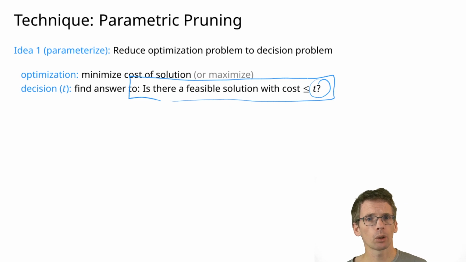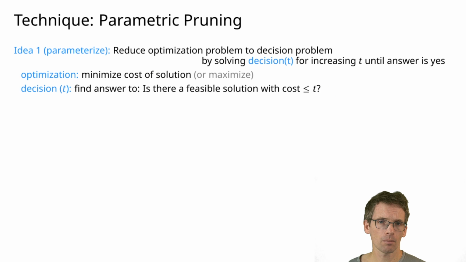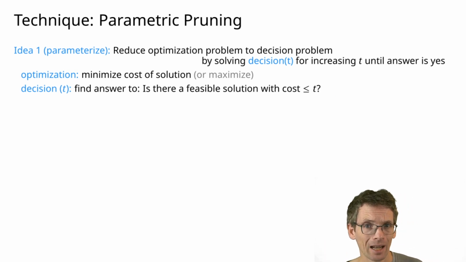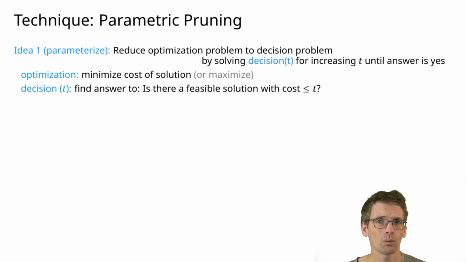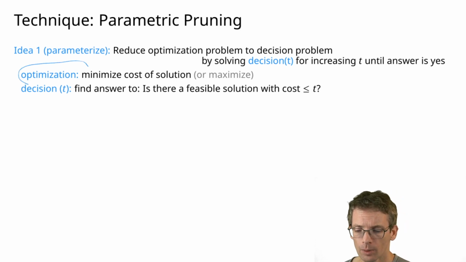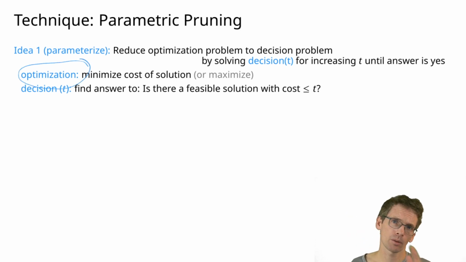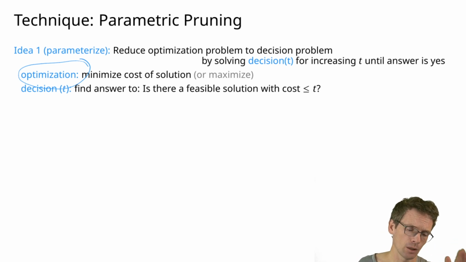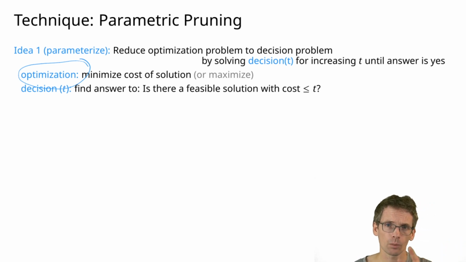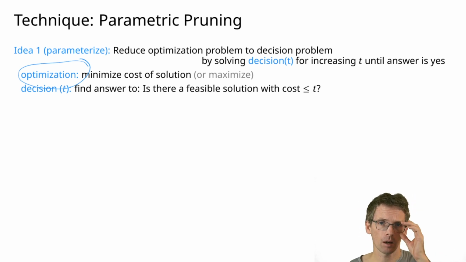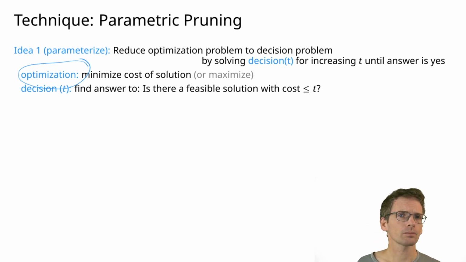And if we could answer this decision problem, then by running it for increasing values of t, we could answer the optimization problem. Simply, we run it up to the t where the answer switches from no to yes, and then this yes would be a solution to the optimization problem. The corresponding value of t would then be the cost.